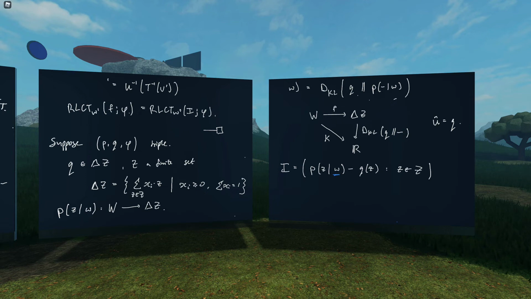And so this has kind of a nice conceptual content, right? So this ideal is just generated by the difference in the probability that our model assigns to some element of the set we're interested in, minus the probability that the true distribution assigns to it.